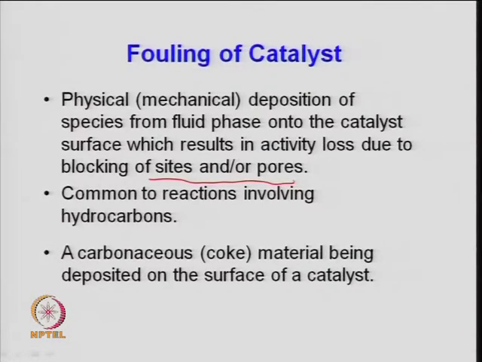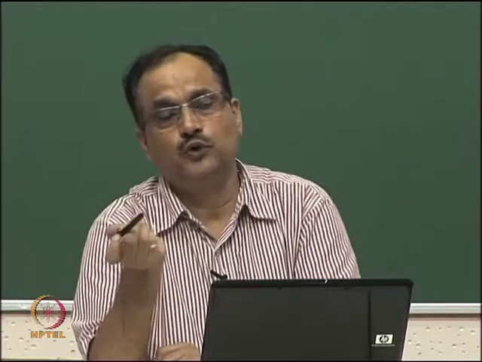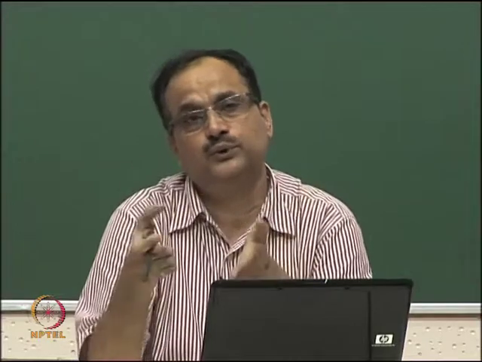Basically, diffusion phenomena will change when the pore size of the catalyst is decreased, so you will have more diffusion resistance in the pores. Looking at mass transfer, diffusion and chemical reaction, the pores are blocked, so your diffusion resistance will be more. It may happen that because of coke formation, diffusion becomes the rate controlling step. So, one needs to check all these things when you look at the deactivation of the catalyst.